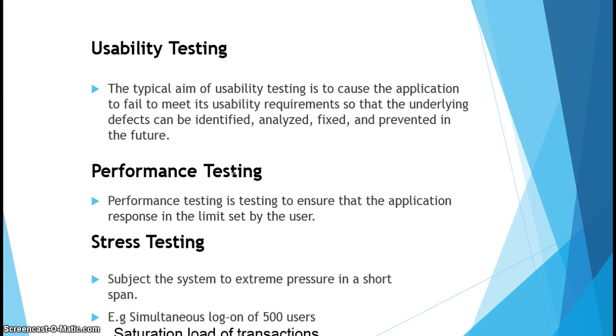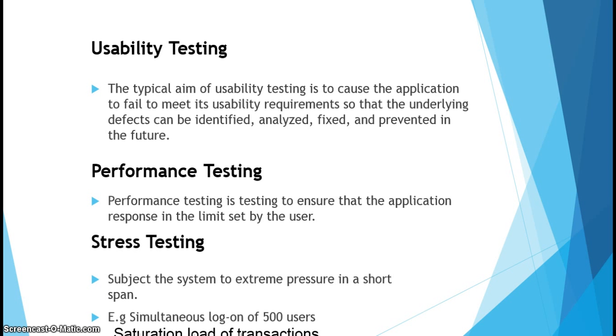Usability testing is to ensure that the application is easy to use by end customers, right? Performance testing is to ensure that the application response is as required by the customer as per the limits set by the end users. Stress testing is to subject the system to extreme pressures in a short span of time.